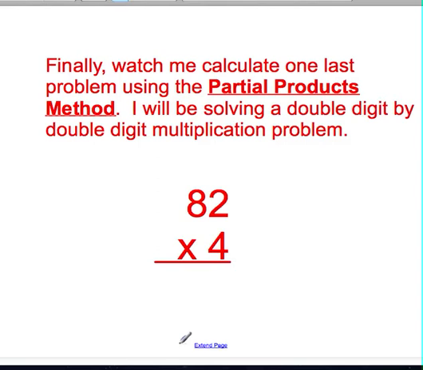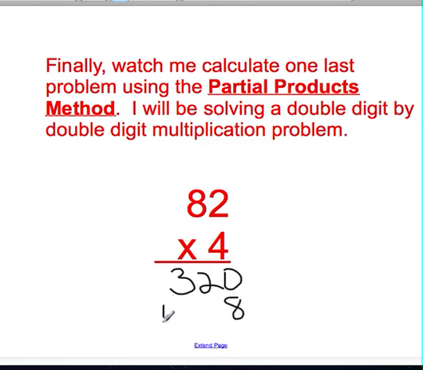Finally, watch me as I calculate one last problem using this method. Start on the left. It's 82 times 4. So 4 times 80 is 320. And 4 times 2 is 8.